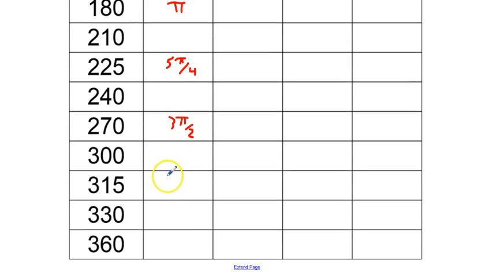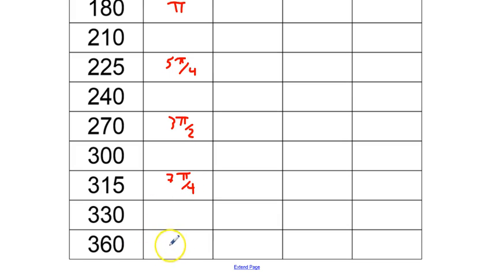Six pi over 4. Seven pi over 4. And then 8 pi over 4.